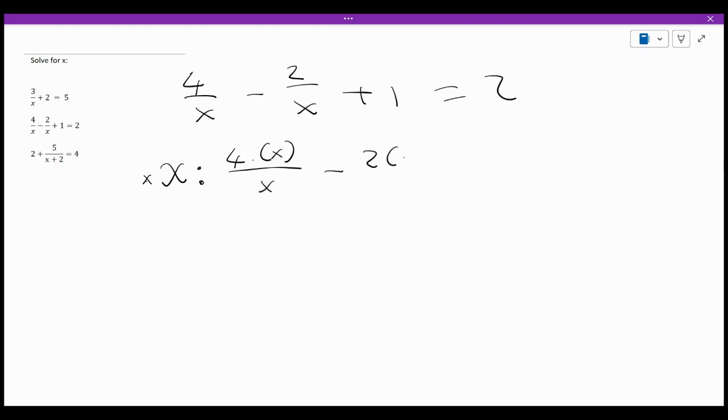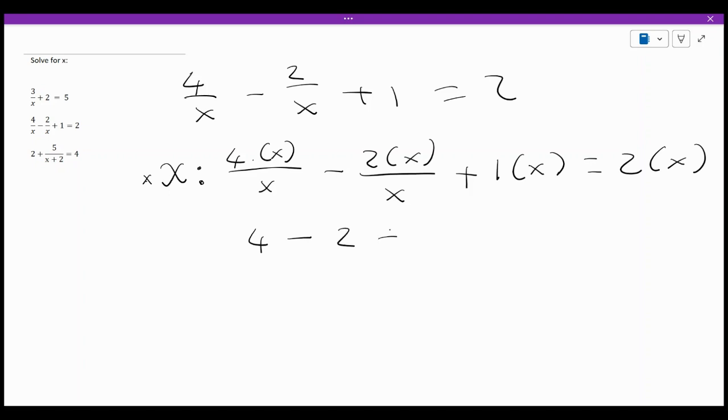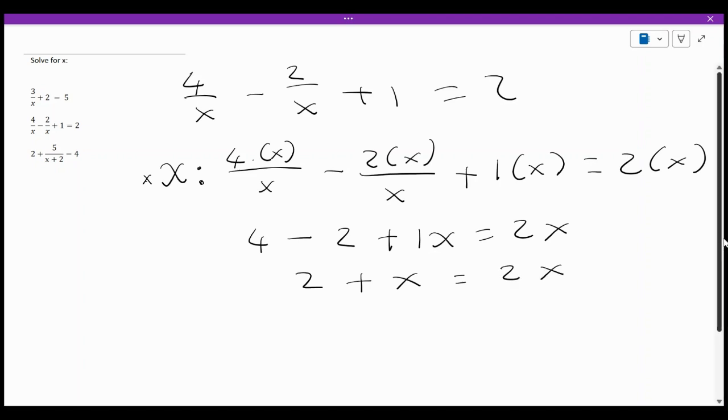Minus 2 multiplied with x over x, plus 1 multiplied with x, equals 2 multiplied with x. Everything, all right? Now, this x and this x, they'll cancel out. This one and this one will cancel out. So you're left with 4 minus 2 plus 1x equals 2x, okay? Then you're left with 2 plus x equals 2x.